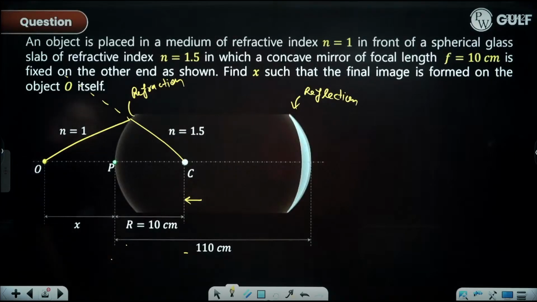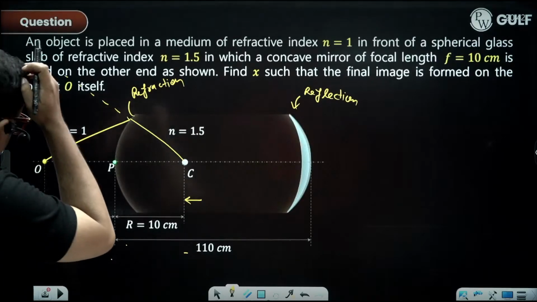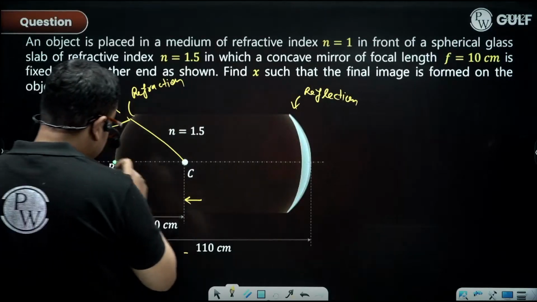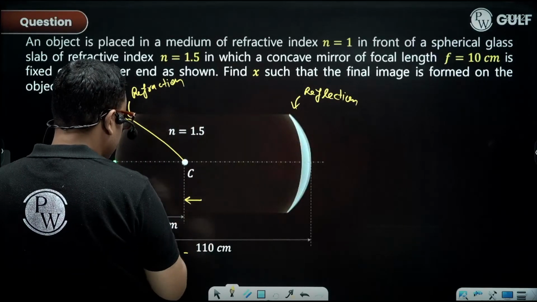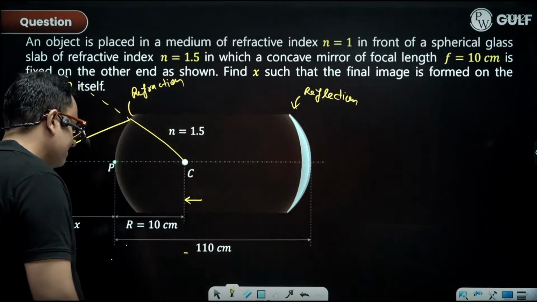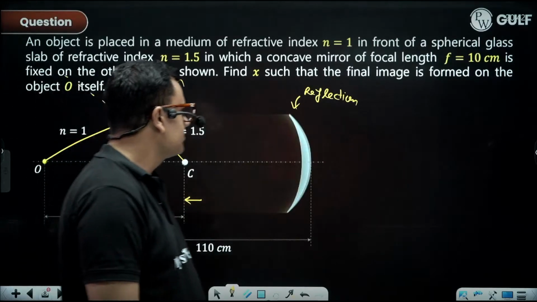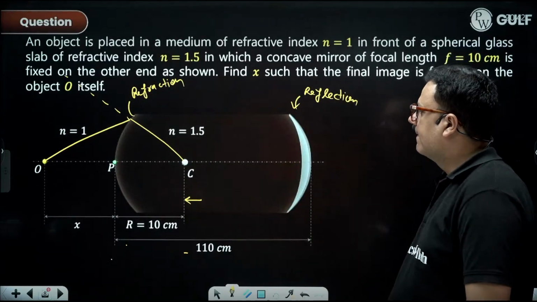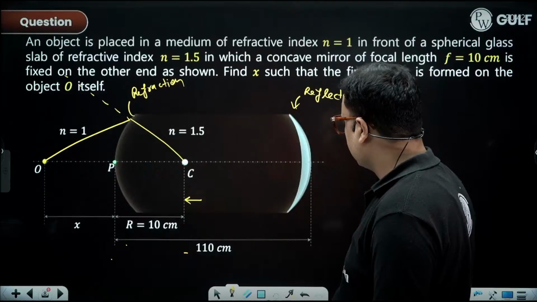And it's also a concave mirror. The center of this one will be 2F. So in this scenario, you should want that the ray should not be formed at that one.